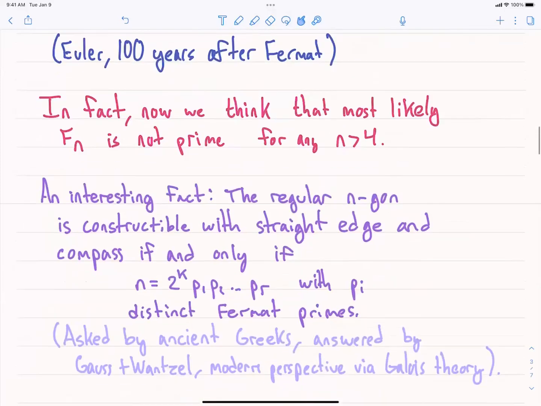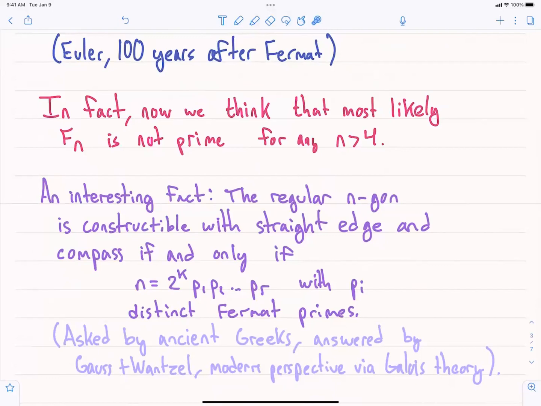There's this classical problem, investigated already by the ancient Greeks, of when a regular n-gon is constructible using only a straight edge and a compass. That means you have something that lets you draw circles and something that lets you draw straight lines, and you want to use those together to draw a regular n-gon.